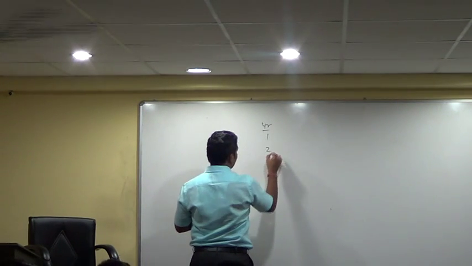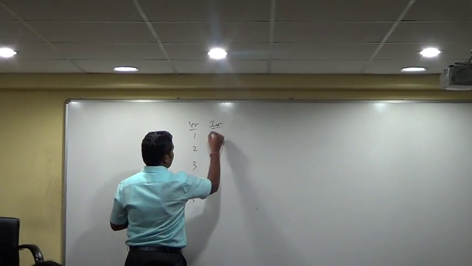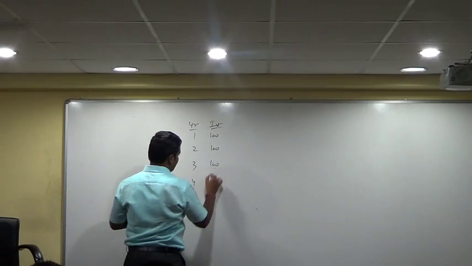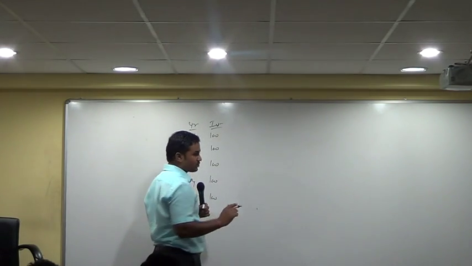Look at the board. Year 1, 2, 3, 4, 5. Installment 100 rupees, 100 rupees, 100 rupees, 100 rupees, 100 rupees. Rate of interest is 10%, let us suppose.